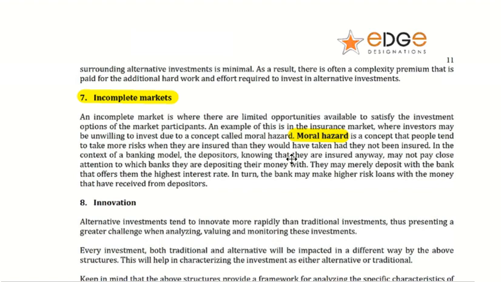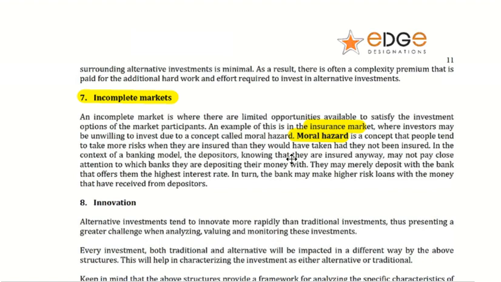We talk about it when we talk about an insurance market. For example, if a person has an insurance contract on their car, they are likely to behave in a different way than a guy that does not have insurance on his car. The guy with insurance is not overly worried where he leaves the car, or even if it's locked or not locked, because he knows that if it unfortunately does get stolen, insurance will come to the picture. Not so for someone that is not insured.